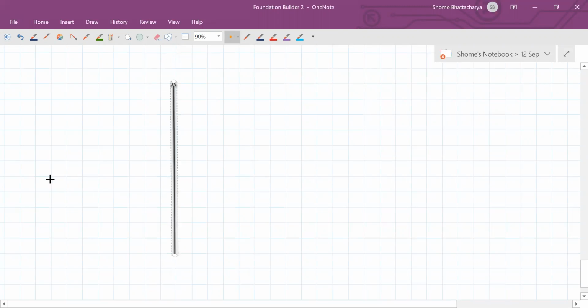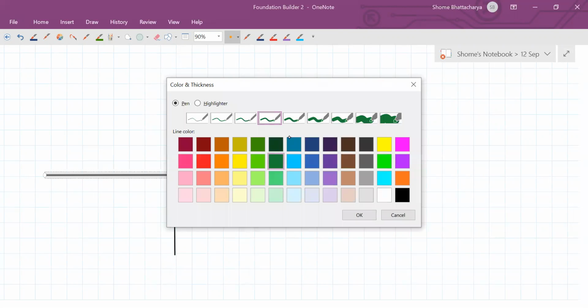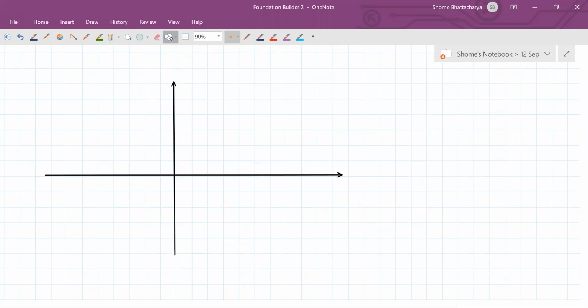So I'm just making a separate diagram for the vector B. So vector B अभी ऐसा था. It was like this. Its magnitude was 16 and this angle was 30 degrees.